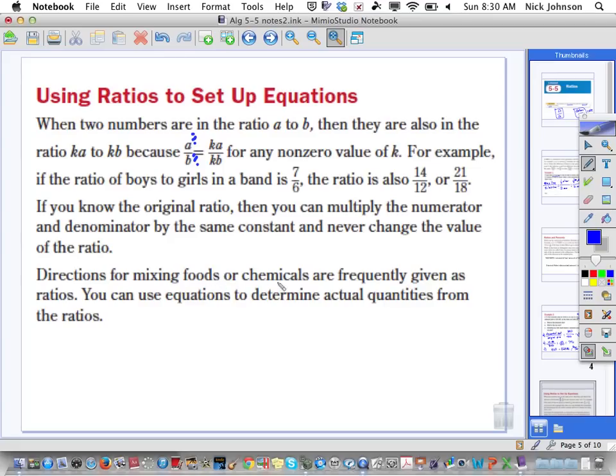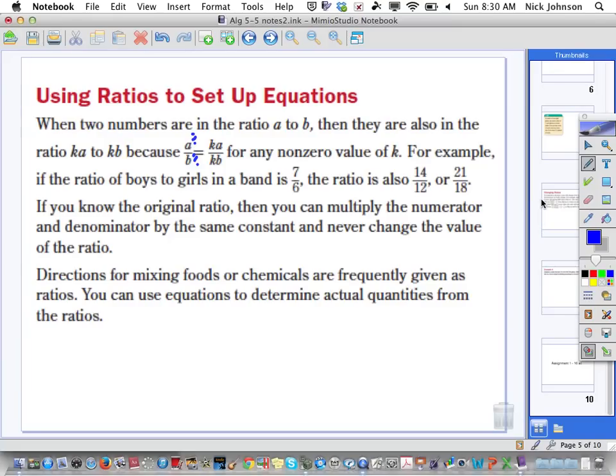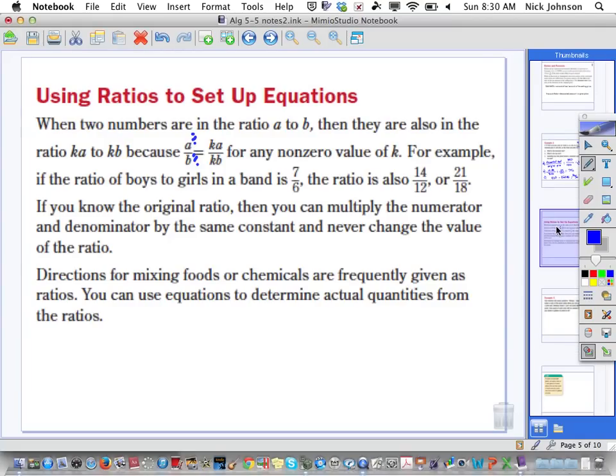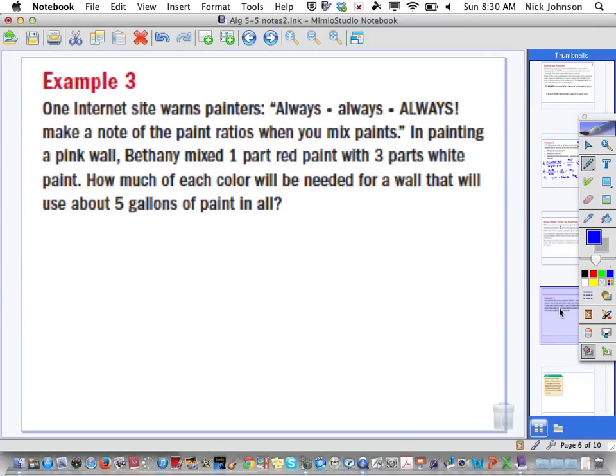Directions for mixing foods or chemicals are frequently given as ratios. You can use equations to determine actual quantities from the ratios. So let's look at example 3, and I want you to pay very much attention to the detail of how I write this out, because you are going to have to do the same thing on your quiz and on your test.